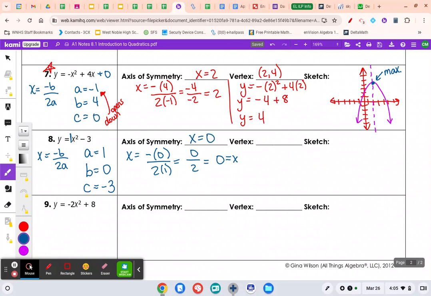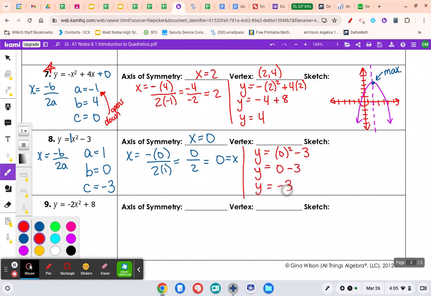So this is kind of nice. These are going to be an easier problem because, first of all, we don't have a b. And second of all, we are plugging 0 in for x squared. So it's fairly quick to solve and get that y is negative 3. Reminder, x and y work together to make the vertex 0, negative 3.